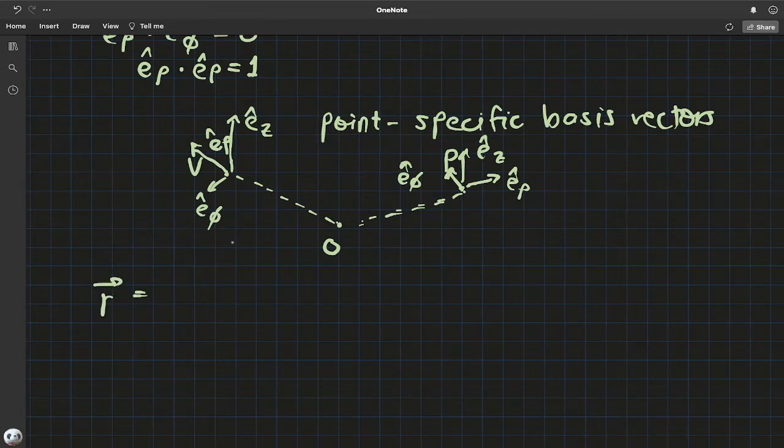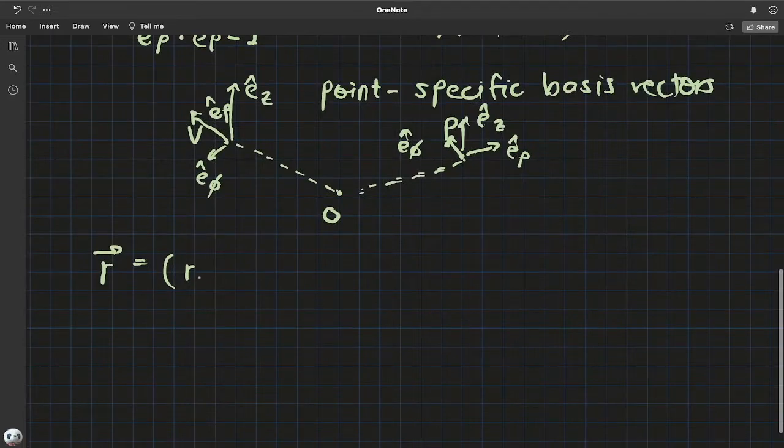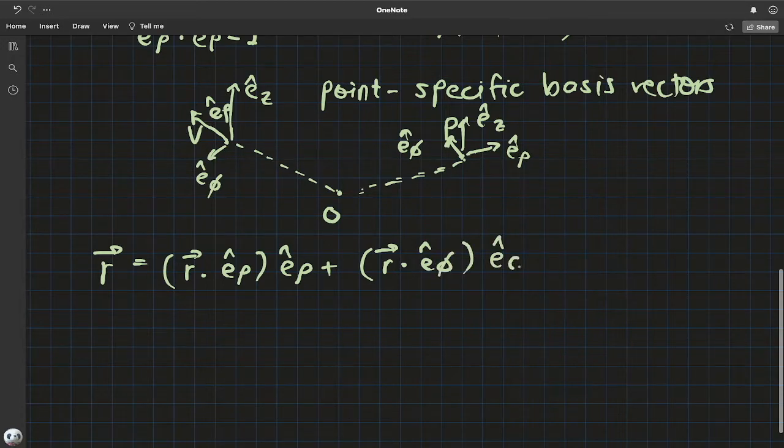The position vector can be defined as follows: if you already established what your basis vectors are going to be, say e rho hat, e phi hat, and ez hat, you can define the position vector in this new cylindrical system by dotting the original position vector, expressed in Cartesian coordinates, with the basis vector, and then multiplying with the basis vector, plus the projection of the position vector on the phi basis vector, and doing the same for the ez hat basis vector.